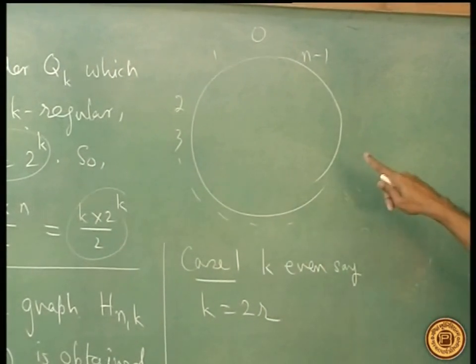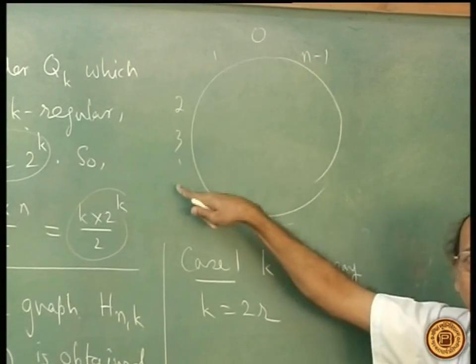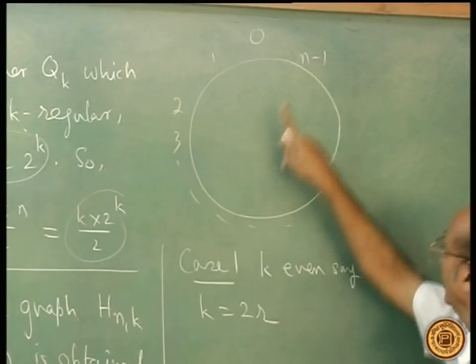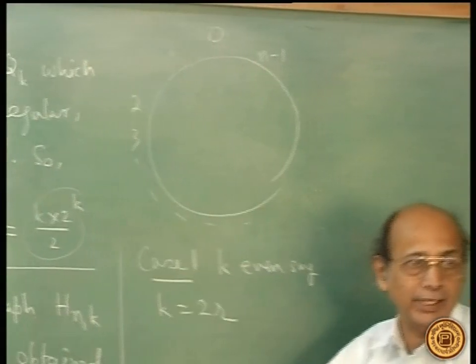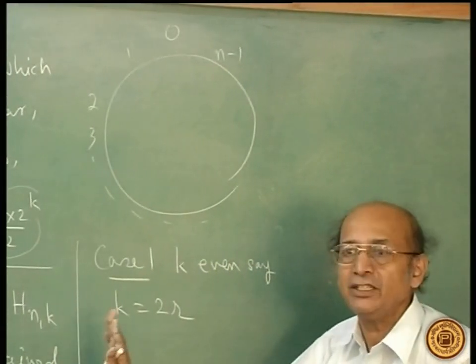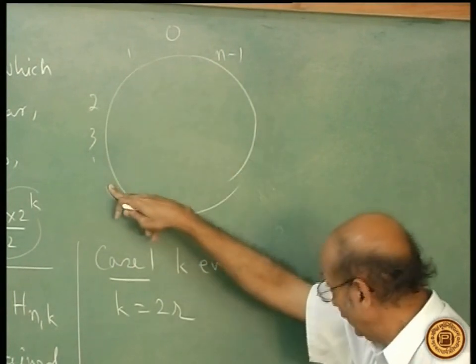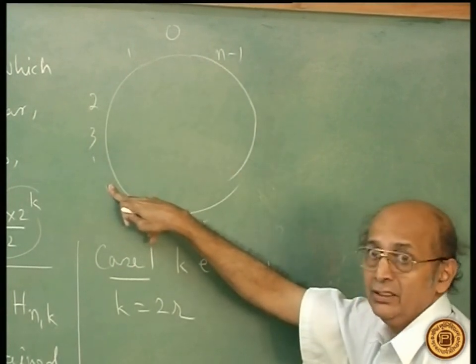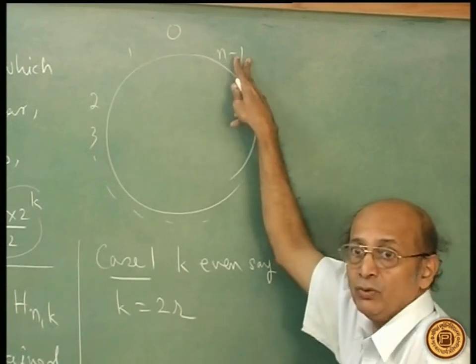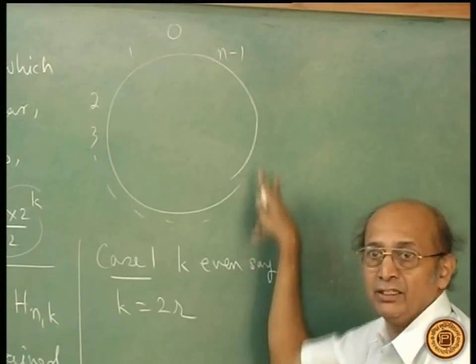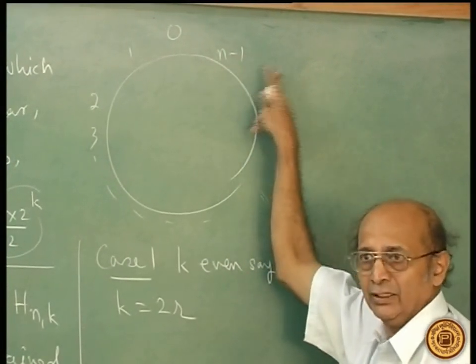Then I would make 0 adjacent to 1, 2, 3, 4 up to r. I am going to read everything modulo n. 0 is adjacent to 1, 2, 3, 4 up to k upon 2, that is r. Also adjacent to minus 1, minus 2, minus 3; minus 1 is the same as n minus 1.